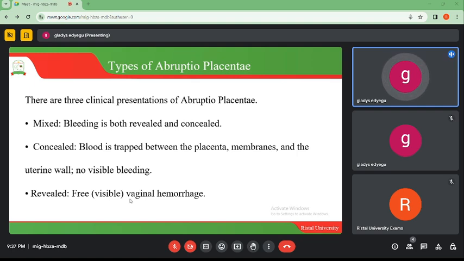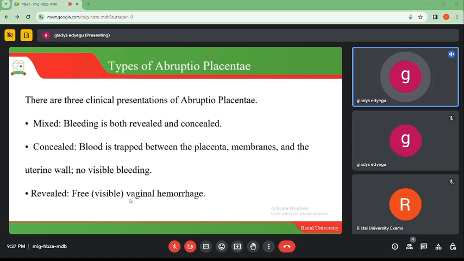You can see that the mother is bleeding, but at the same time there is some blood that is being concealed. There is some fluid in the abdomen, meaning that the bleeding is also concealed inside despite what you're seeing vaginally. So that one is called mixed abruptio placenta.